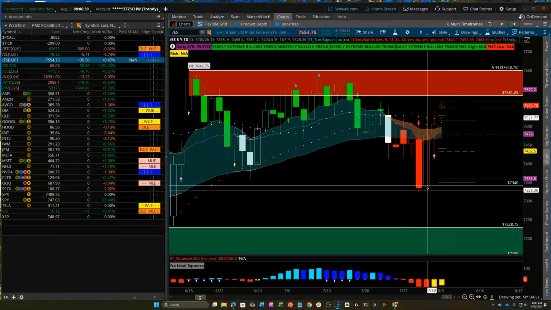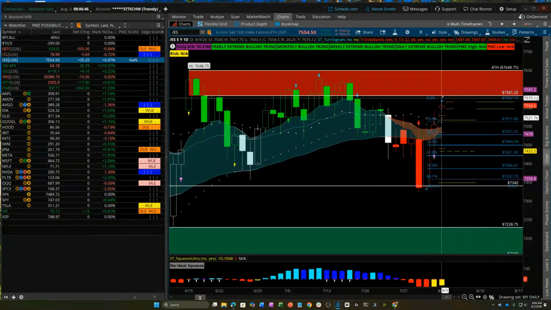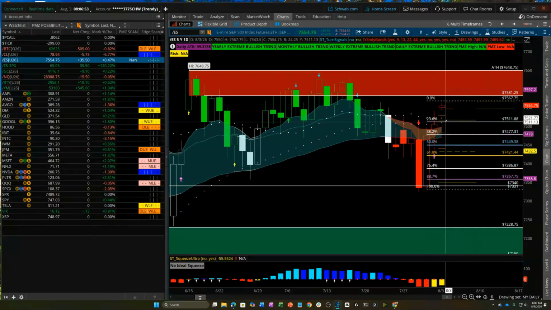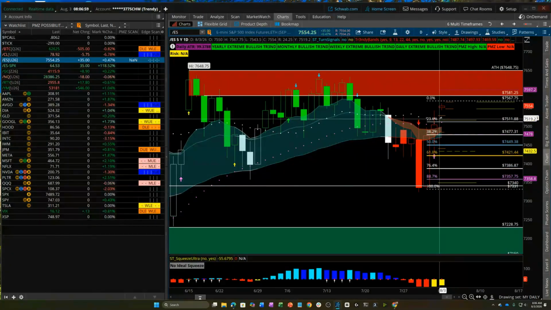On a pullback, if you measure the rally from when we pulled back to that 73.40, and then got the bullish engulfing and a couple of continuation candles since then, I want you to notice how the bull channel on the ES futures is lining up with some key Fibonacci levels, the 236 and the 38.2, but also key moving averages.